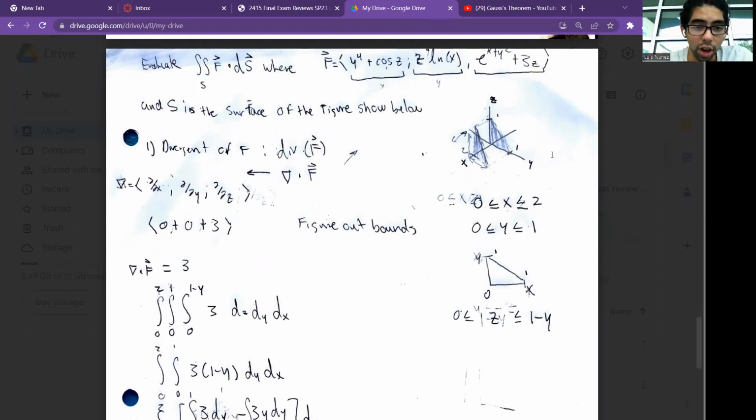Now that we've figured out the divergence of F, we can use it to find our bounds for the triple integral.